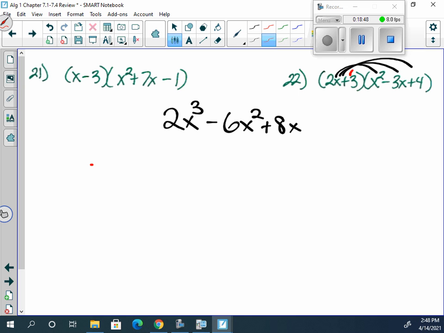Well, we're going to do the same thing with positive 3. Well, 3 times x squared is going to be plus 3x squared. 3 times negative 3x. 3 times negative 3 would be negative 9, and our x, and lastly, 3 times 4 is going to be plus 12. Any questions on this so far?